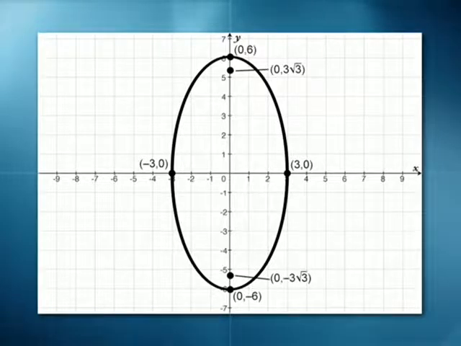We'll talk about that in a moment, but keep in mind how close they are to the vertices. And remember, B was 3, and that's the minor axis, and you see that it intersects at minus 3, 0 and at 3, 0. So there's a nice-looking ellipse, an elongated circle.